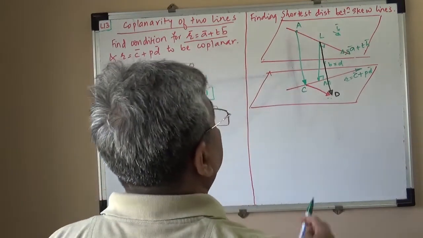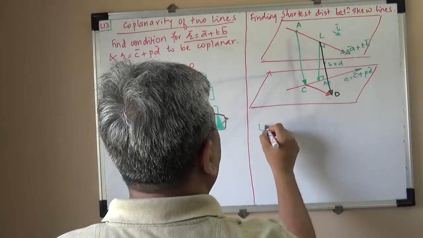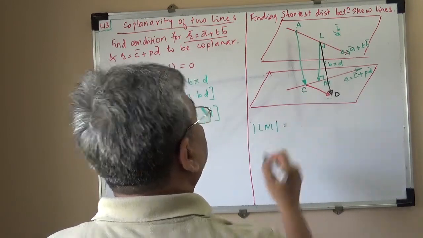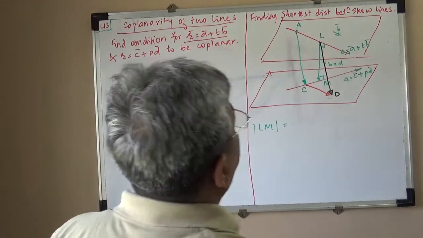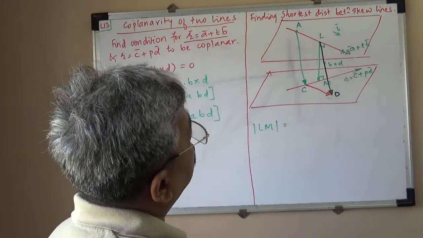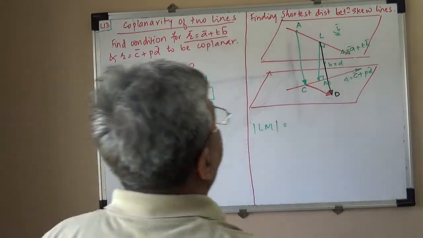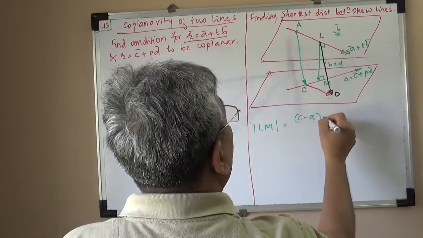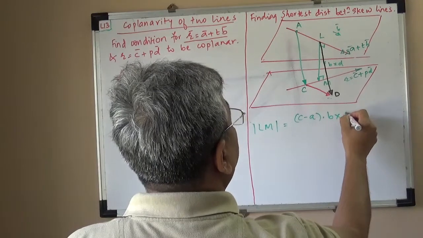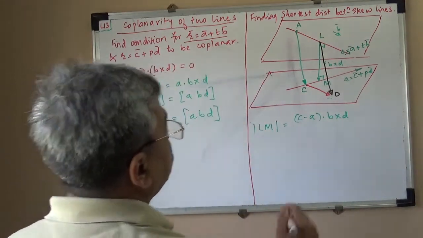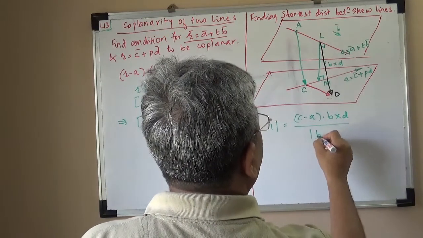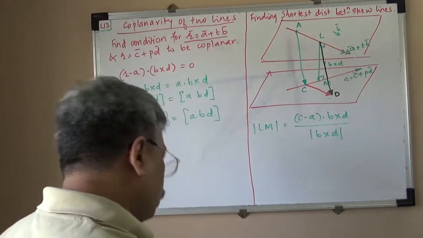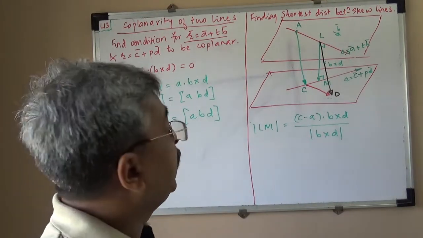Therefore let us write down what is the distance LM. Distance LM is going to be the projection of vector LD on B cross D. Vector LD is C minus A, dot B cross D. This is the projection, and we have B cross D made unit, and that is how we are supposed to get the distance.